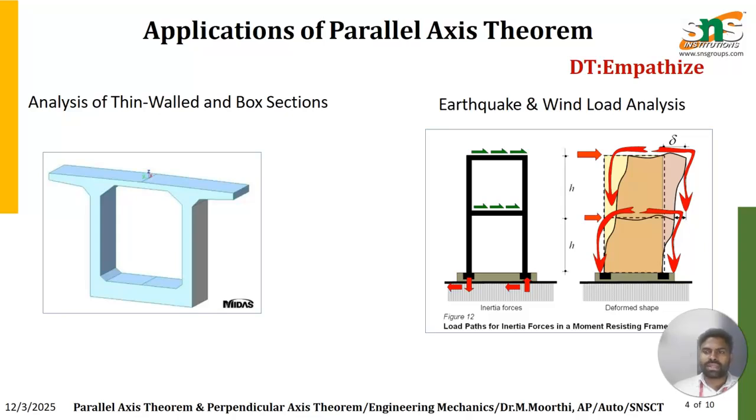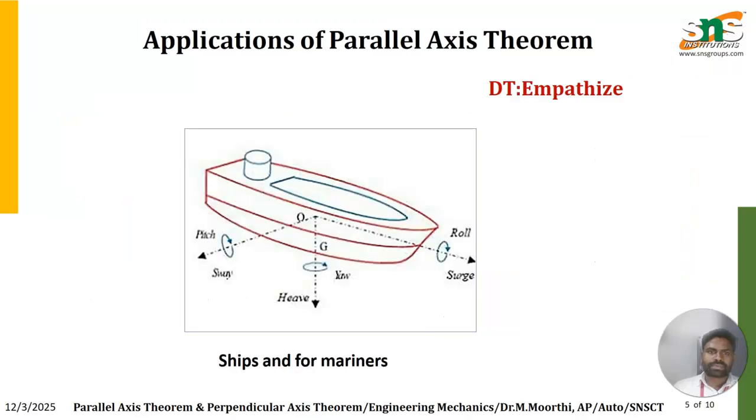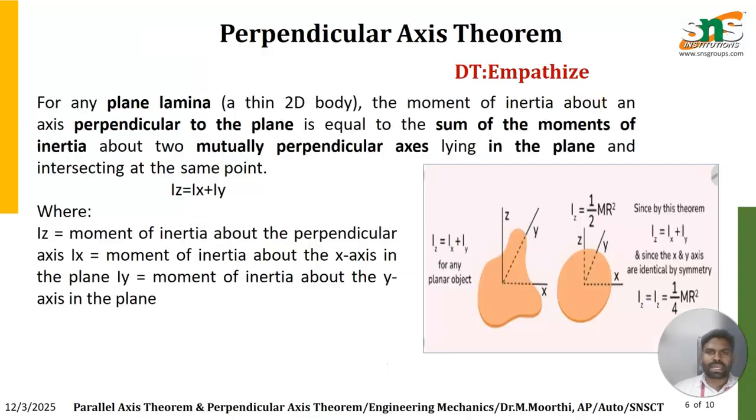We can also do the wind load analysis. Another application of the moment of inertia is in ships, for mariners. If the ship is moving in the ocean, we can find the moment of inertia in different directions using the parallel axis theorem.